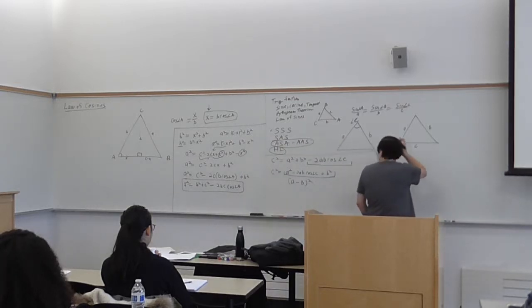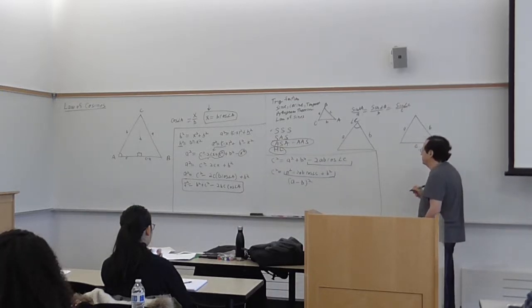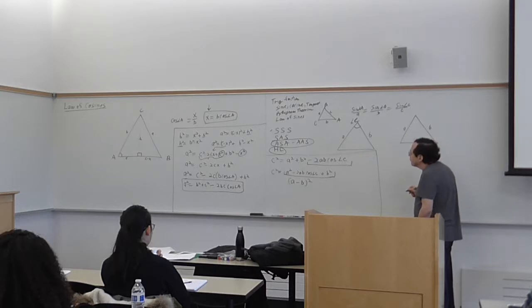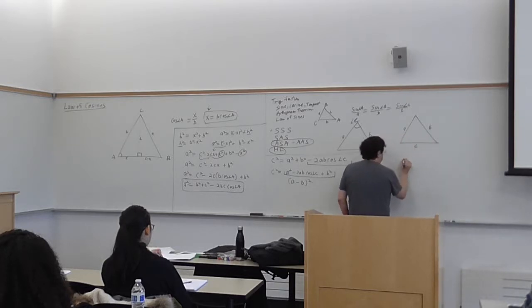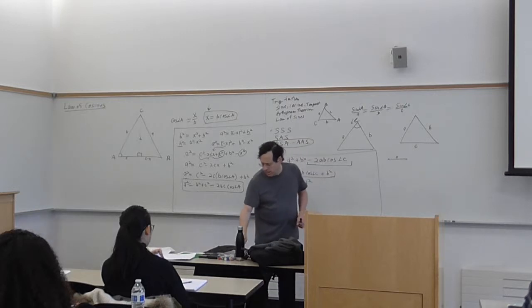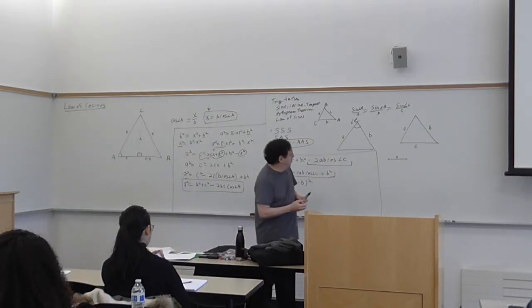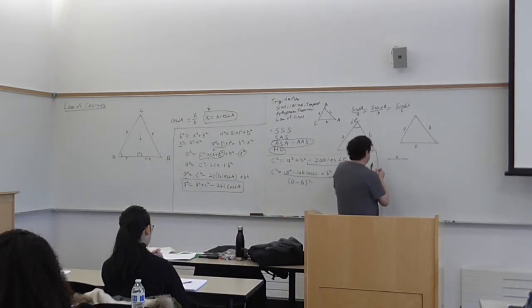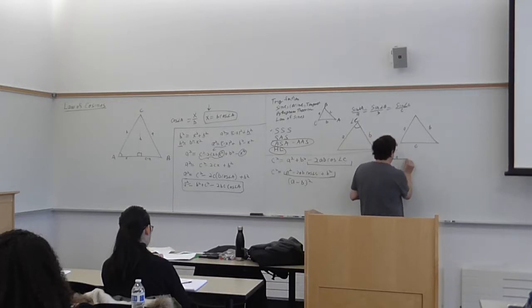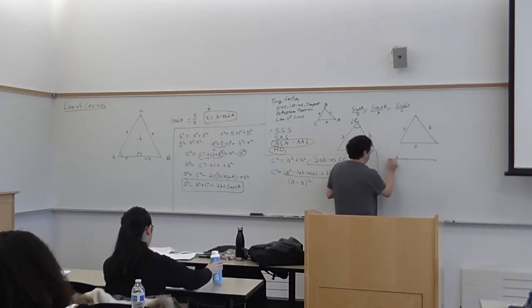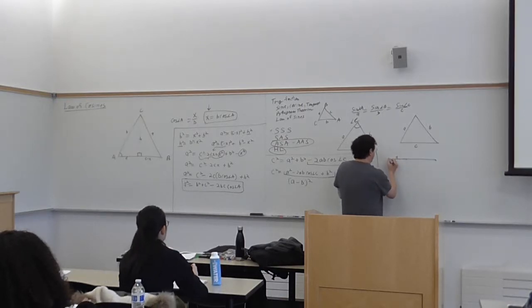So let me see if I can draw that. So that says the angle between A, there's my A, and B, all right, these have a 0 angle. That's really pushing my luck here.